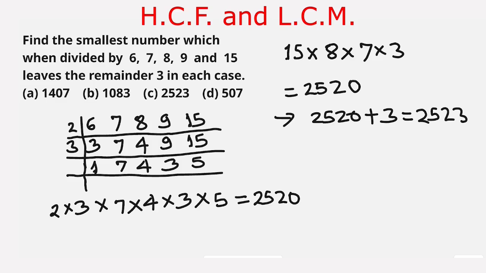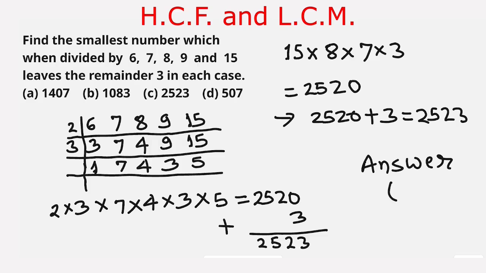Now as the remainder is 3 in each case, we add 3 to this and our answer becomes 2523. And from the given options, our answer is option C, 2523. I hope you have understood both the methods of finding LCM. We go to the next question.